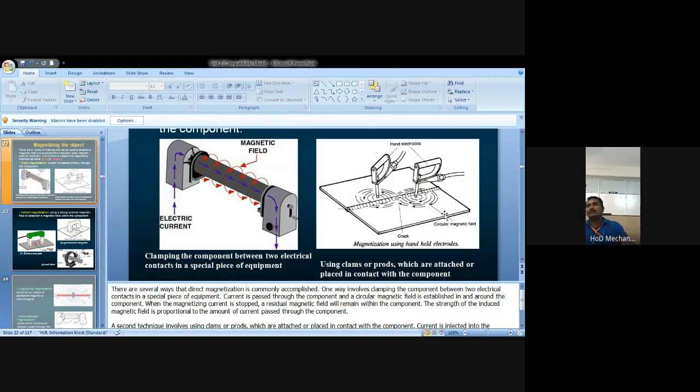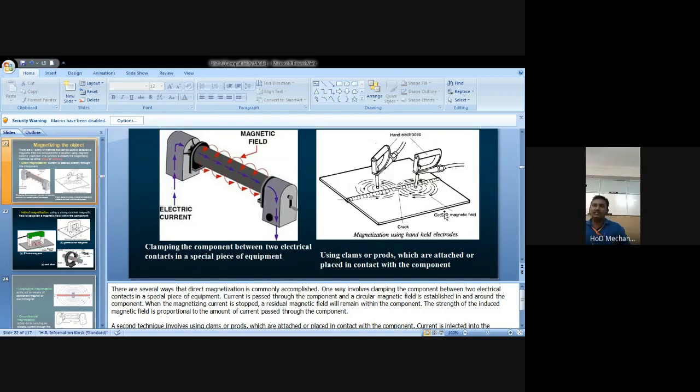There are several ways that direct magnetization is commonly accomplished. One way is clamping the component between two electrical contacts in a special piece of equipment. The current is passed through the component and a circular magnetic field is established in and around the component.